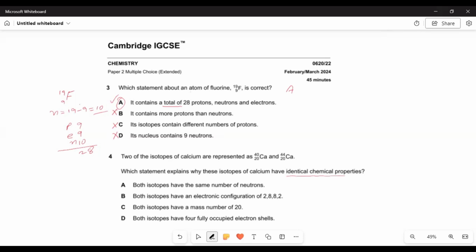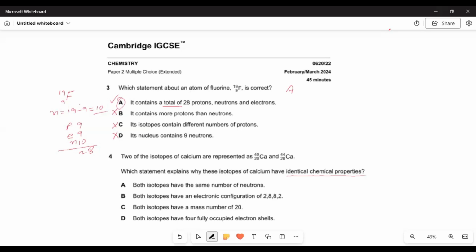The reason for their identical chemical properties: if an element has the same number of protons, it would have the same number of electrons as well. So it depends on the number of electrons in an atom.